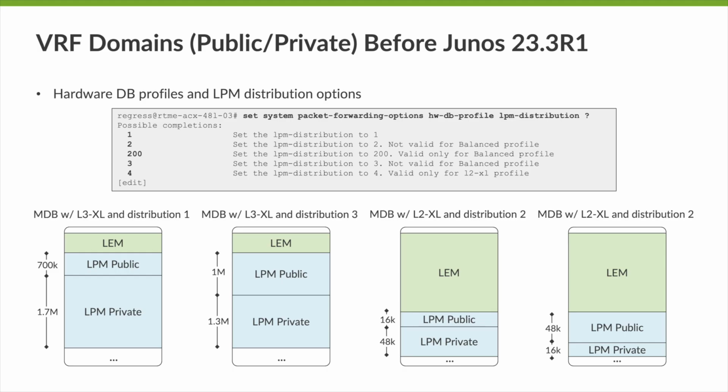And this carving needed to be done when you started the system. We didn't have to do it with balanced, but all other profiles like L3XL and L2XL were based on that logic. It could lead you to a situation where you had eventually a smaller number of routes in your L3XL if you wanted them in the global routing table compared to your balanced mode, which was a bit absurd.